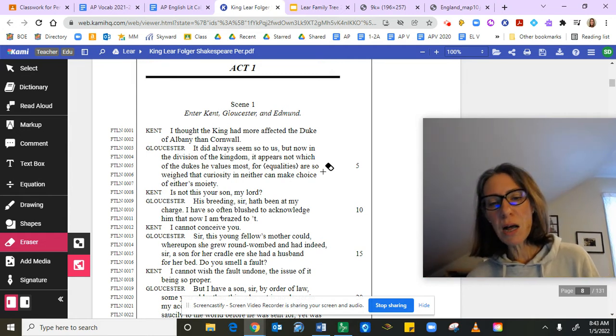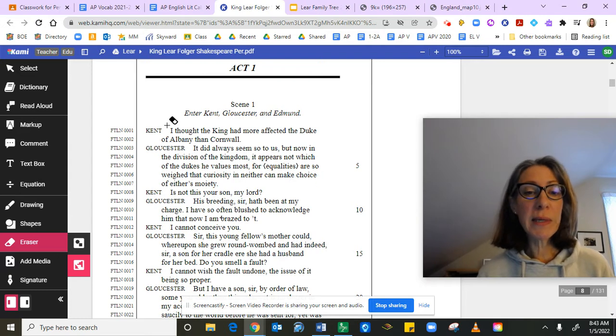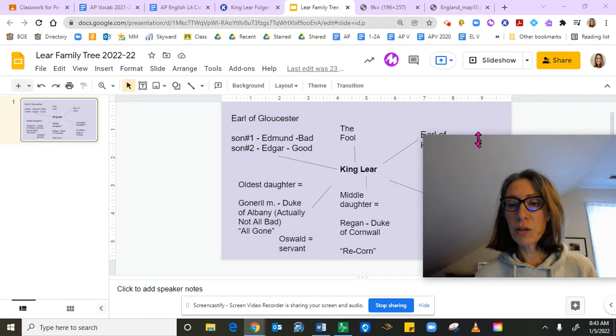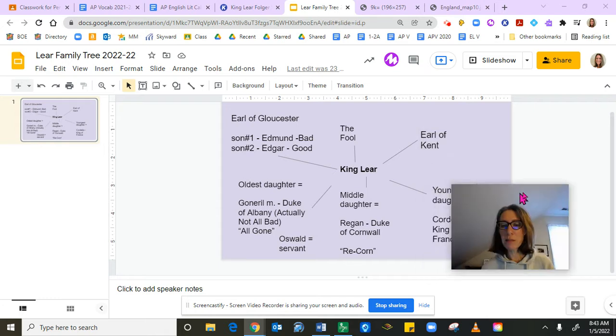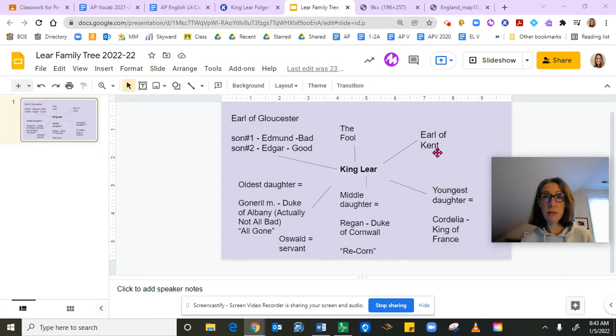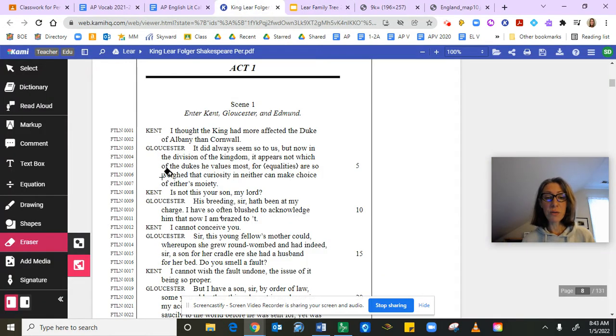And this is between Kent. So remember, Kent was one of our good guys. I'm going to make myself smaller. Kent and Gloucester are both good, and they're both buddies of Lear. So those two are kind of counterparts there in the beginning.